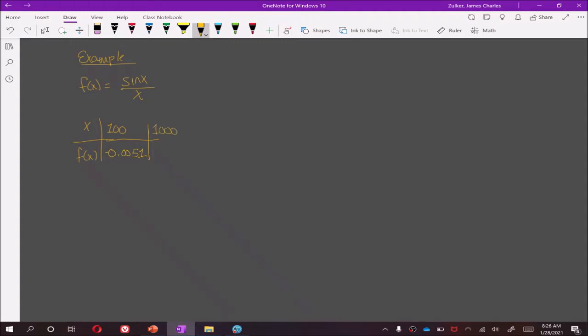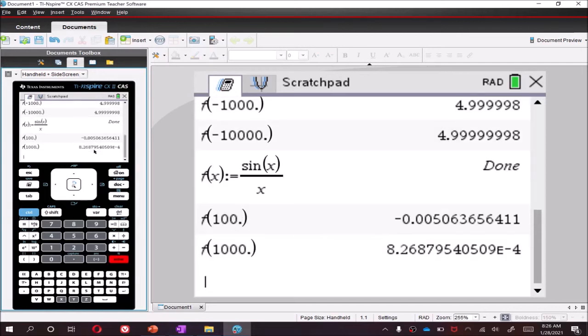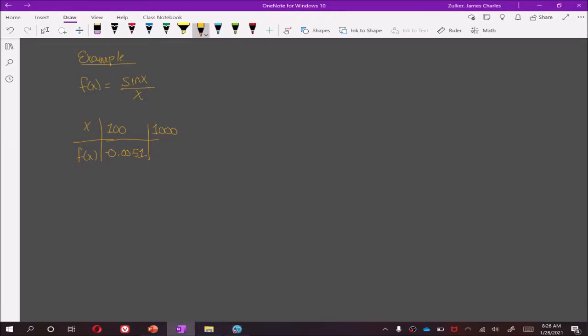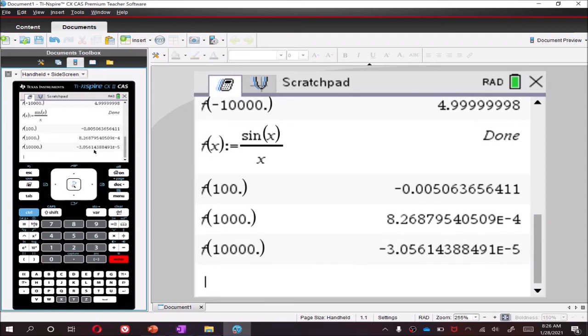Let's look at 1,000 now. I have it set in scientific notation. So that's going to be, let's say, 8 preceded by 4 zeros. Let's look at 10,000.